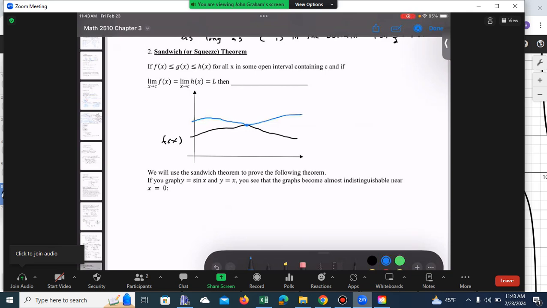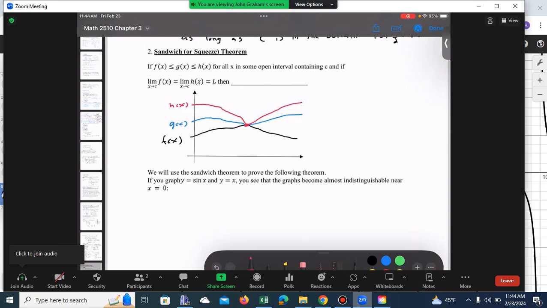So at this point, they're equal. And it's less than or equal to h of x. At this point, it touches the same point. But everywhere else, it's greater than, if it's not equal to.